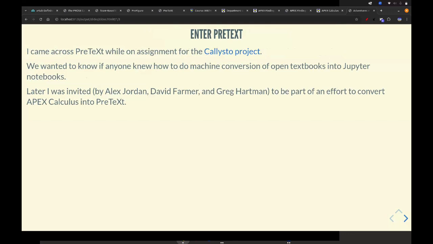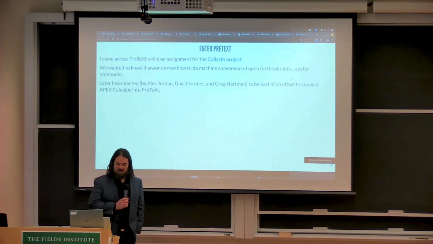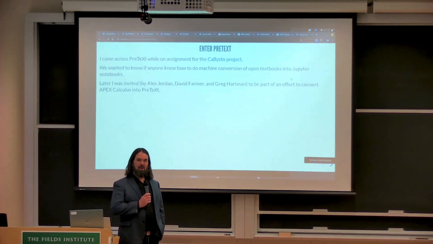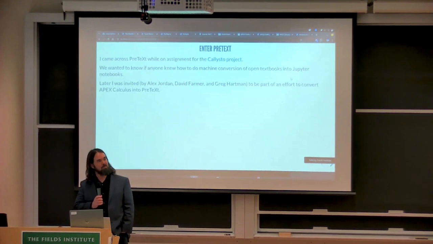Eventually, I came across PreTeXt because I was working on this Callisto project, an old CAN code thing, one of Jim Colliander's babies. They were trying to create Jupyter notebooks for K-12 computational thinking.